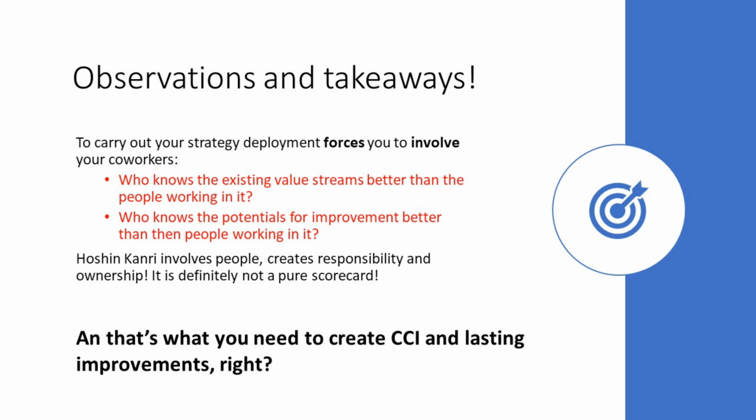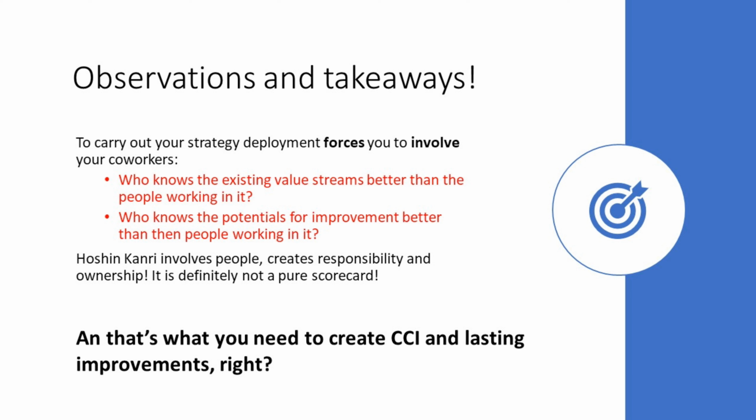And who knows the potential for implementation better than the people working in it? Of course, that's the people working in it that knows what potentials there are. They know the weaknesses in the value chains, and they know that a certain value stream may be corrected and has the potential to be very, very much improved.